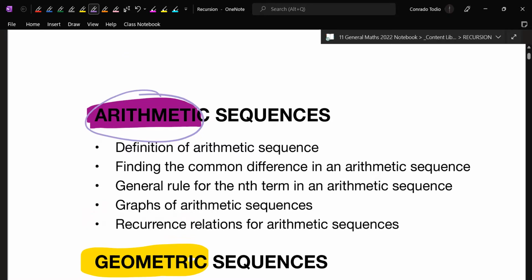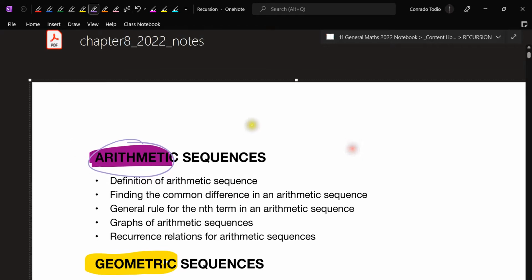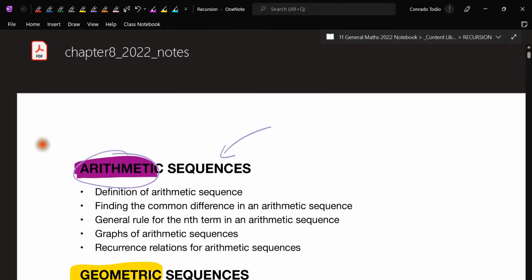Sequences refer to, like I said, some sort of number pattern. If you want to put a little note here, sequences just means a number pattern. When we're talking about number patterns, that means there's maybe a formula, or some sort of explanation as to why the numbers are behaving the way they are.